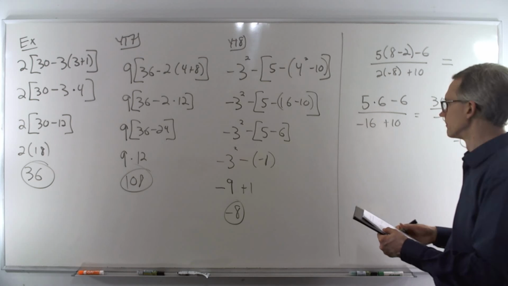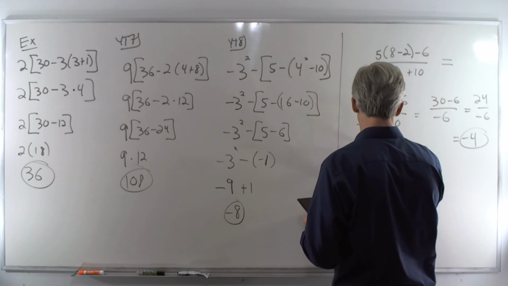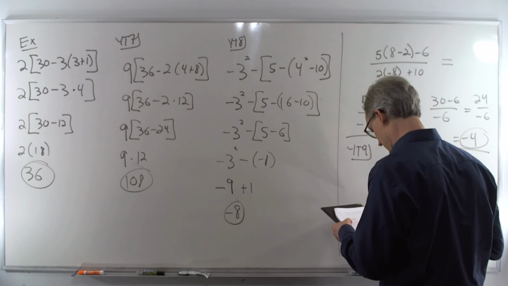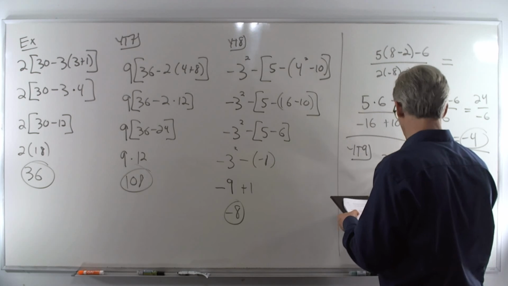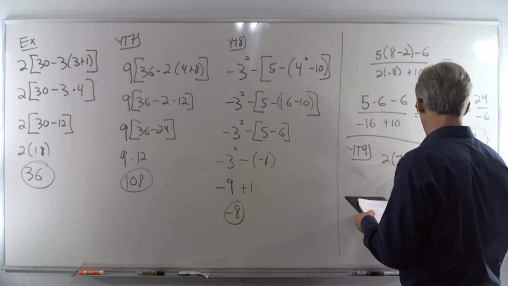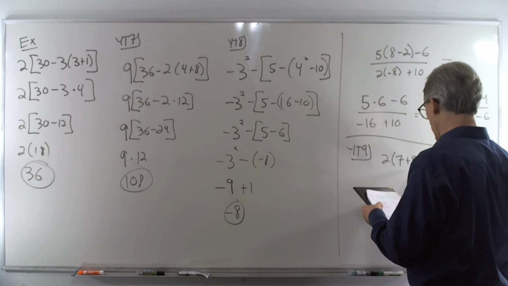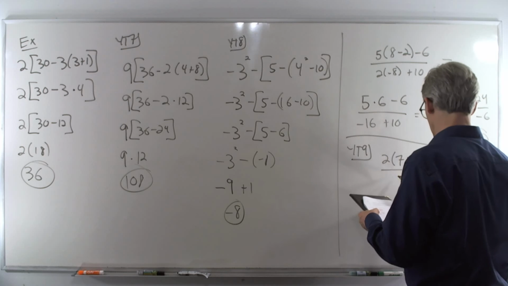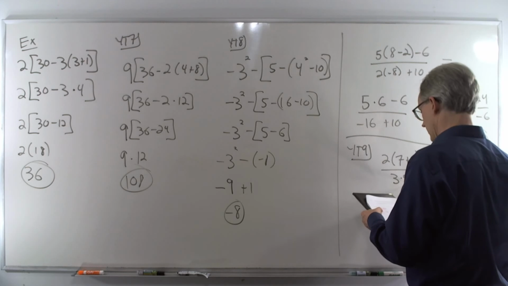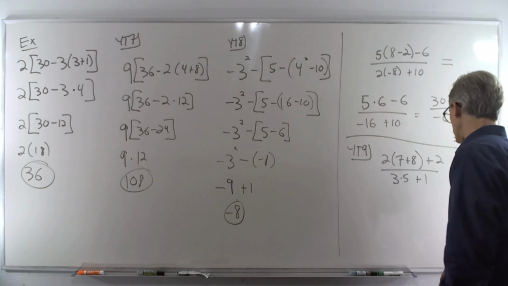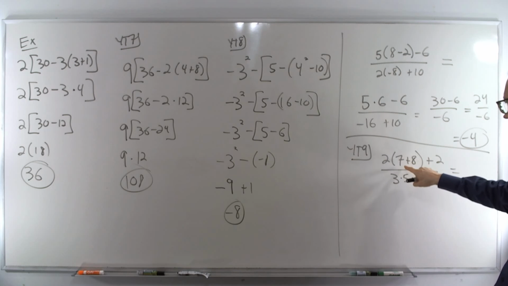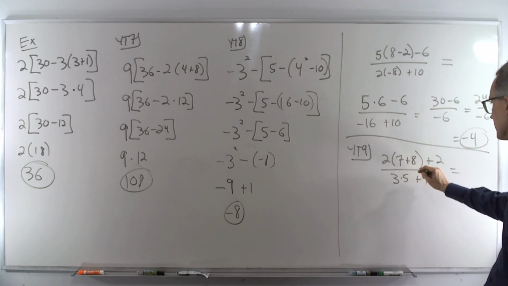Your turn, number 9. Order of operations up top, start inside the grouping symbol. 7 plus 8 is 15.